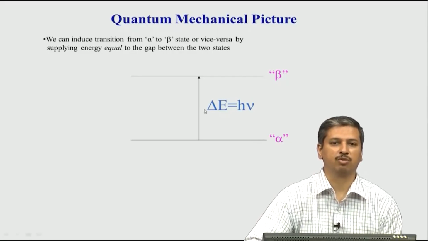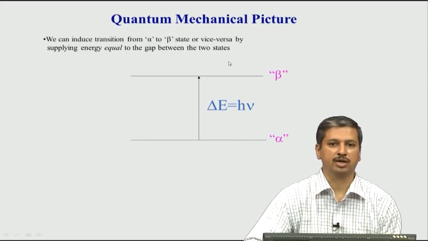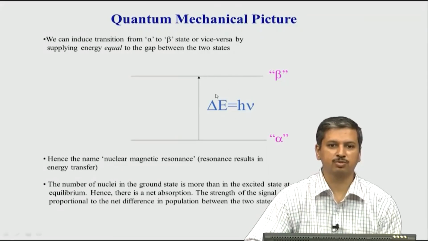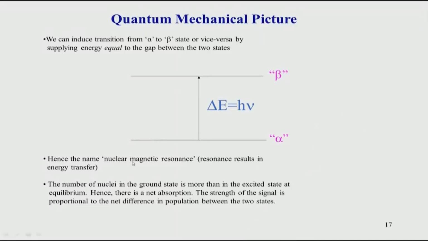Now you take the molecules which are in the ground state and excite them by applying an energy which is equal to the difference in the energy levels, that is delta E, and take them to the excited state, and that is called resonance. So, this is the whole idea of nuclear magnetic resonance, hence the name NMR.